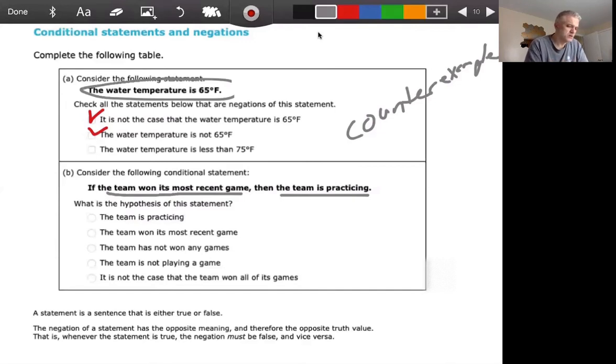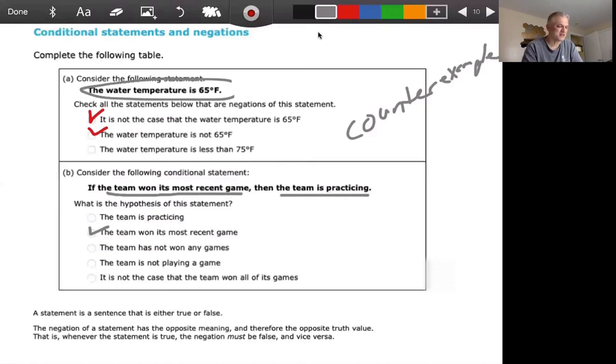So, the team is practicing? No, that's the conclusion. The team won its most recent game? Yeah, that's what's given. It says if the team won its most recent game, so that's a given. The team has not won any games? It doesn't say that. The team is not playing a game? Not saying that. It is not the case that the team won all of its games? Not that either.